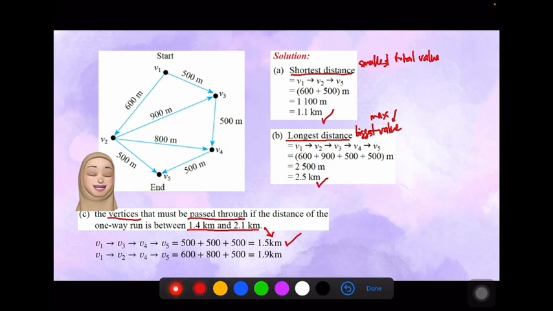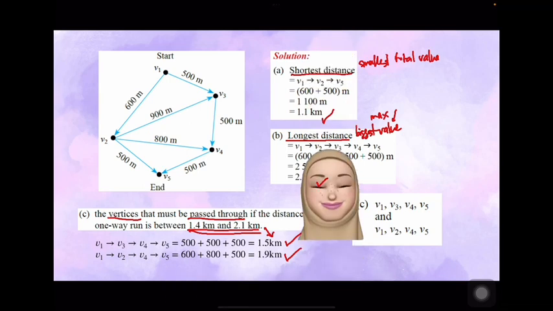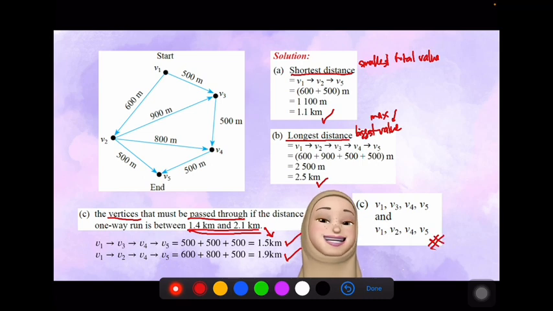Now we have another answer, which is between 1.4 kilometer and 2.1 kilometer. So, what is the answer for question C? We have two possible answers: V1, V3, V4, V5, and the other one is V1, V2, V4, and V5. So this is the answer for question C.